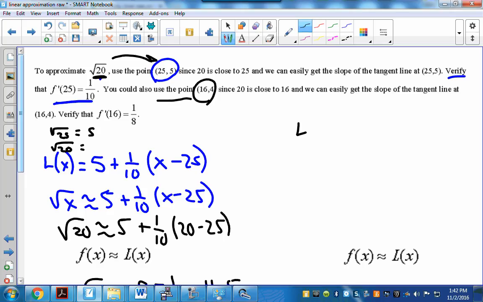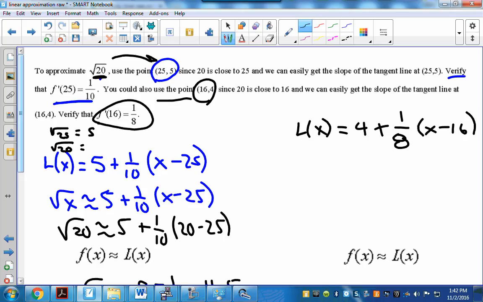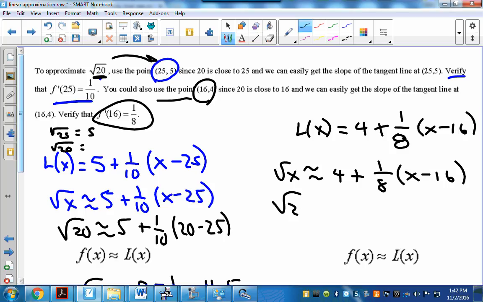Okay, so now our tangent line is going to be 4 plus 1/8 times x minus 16. I'm using a different point. And again, you should verify that the slope really is 1/8. It is. Okay, so the square root of x is approximately 4 plus 1/8 times x minus 16, which means the square root of 20 is about 4 plus something, right? Plus, what? 20 minus 16 is 4/8. Back to the half again, so 4.5.